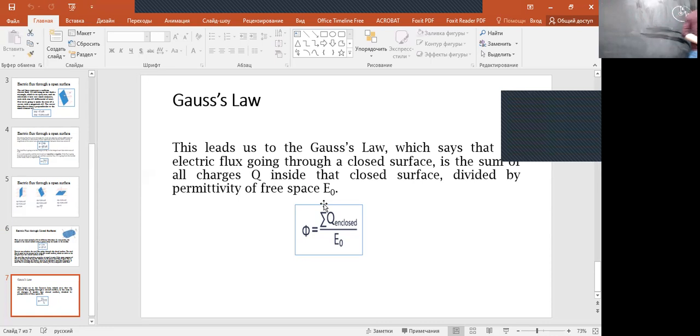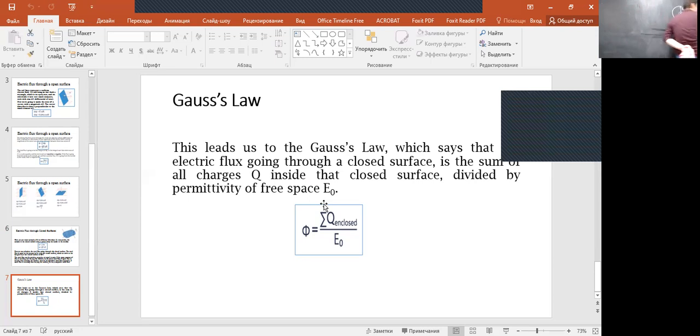The total flux of the sphere is equal to the sum of the charge divided by the permittivity of free space, okay? And this is the Gauss law.